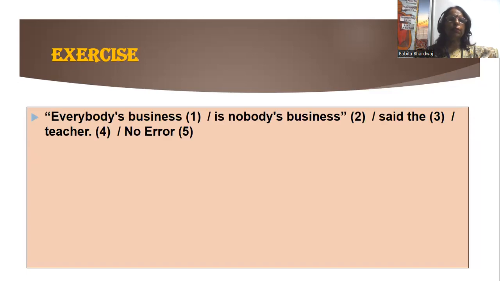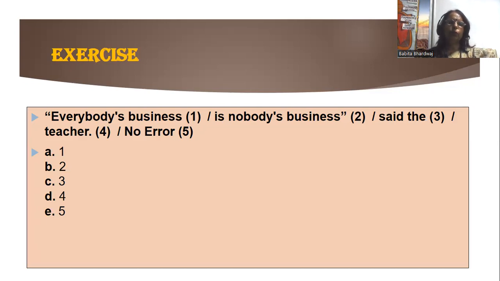Now, the next question is about everybody's business is nobody's business, said the teacher. This is a statement given by a teacher. It is written in inverted commas. And in the options, again, you have to see where the mistake lies.